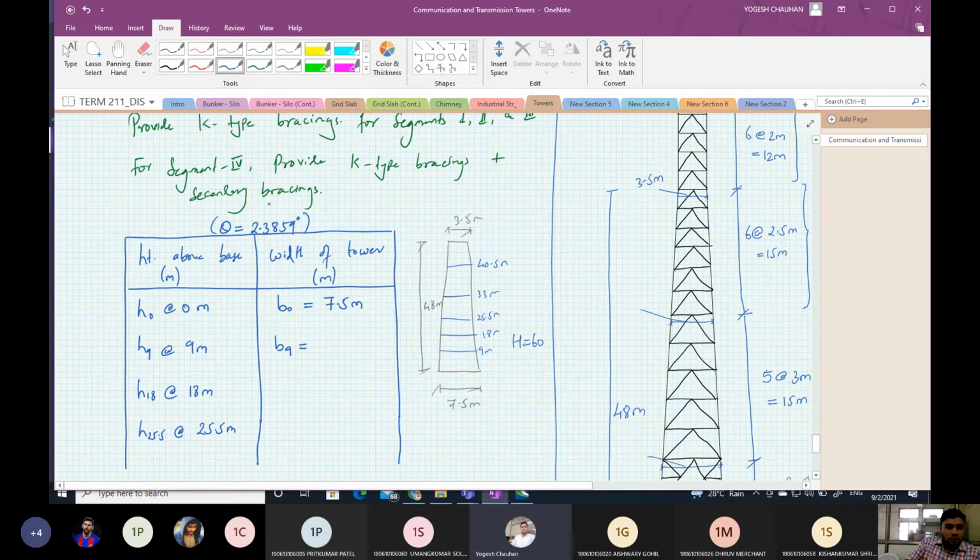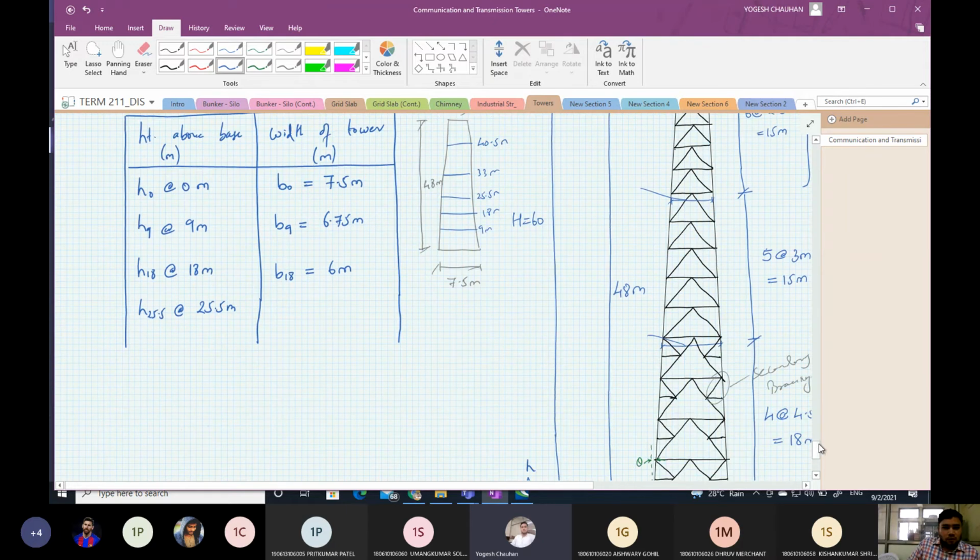So at 9 meter, this will be 6.75 meter. At 18 meter, the width will be 6 meter. Just verify, you can interpolate these values.